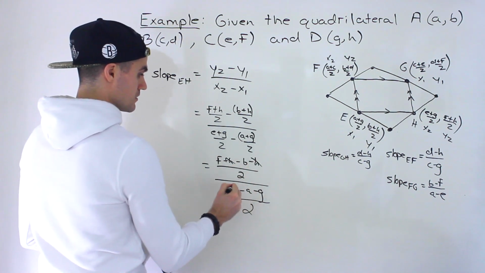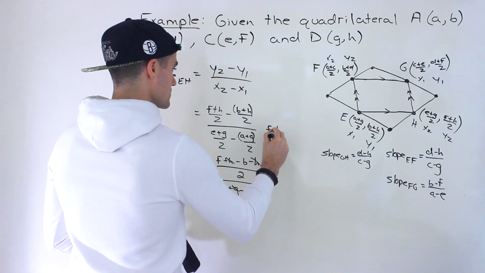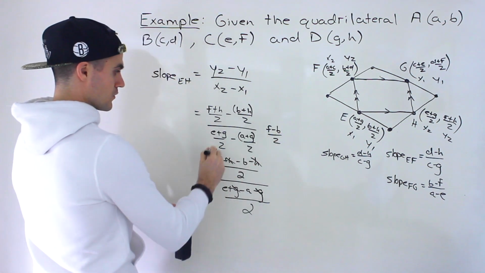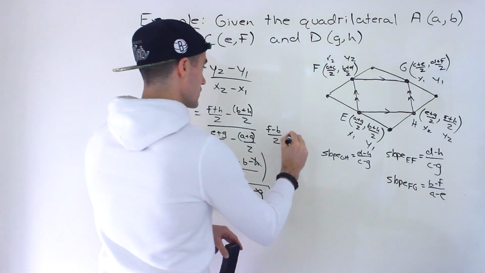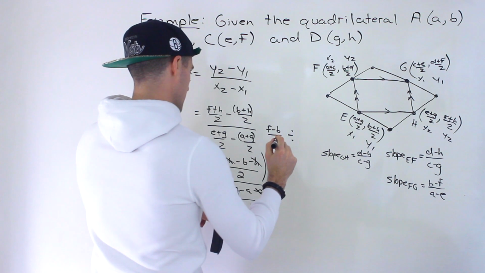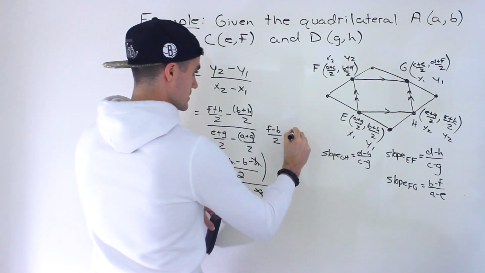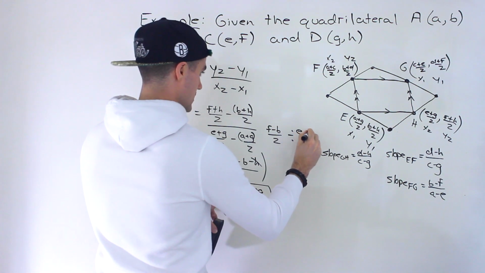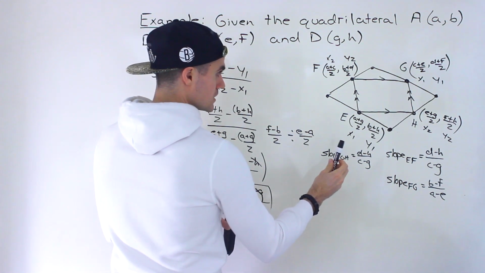The h's cancel out, g's cancel out. So we'd end up with f minus b over 2 here for this fraction, divided by that fraction right there. So we're going to be dividing by, I keep getting mixed up, that's an e, right? Yeah, it kind of looks like a c sometimes. So e minus a over 2, right?